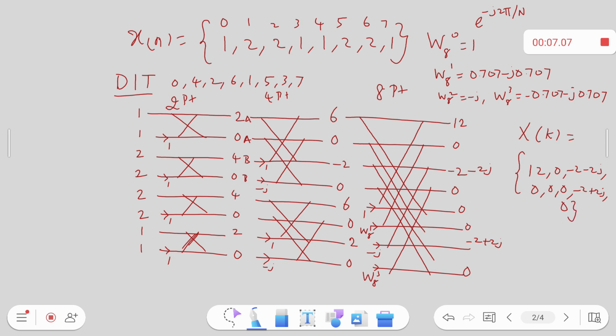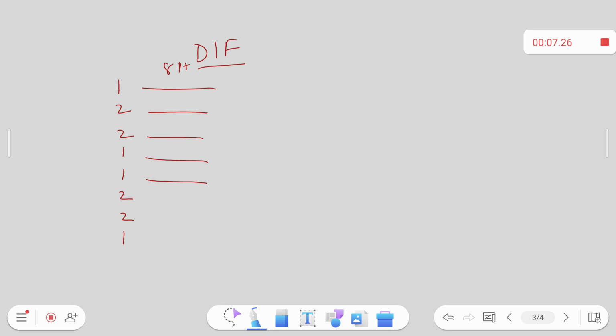Suppose I apply this same sequence 1 2 2 1 using the DIF algorithm, then I need to write the input in original order. Then I have to apply 8-point DFT first. If you are considering 8-point, again the twiddle factors are same.